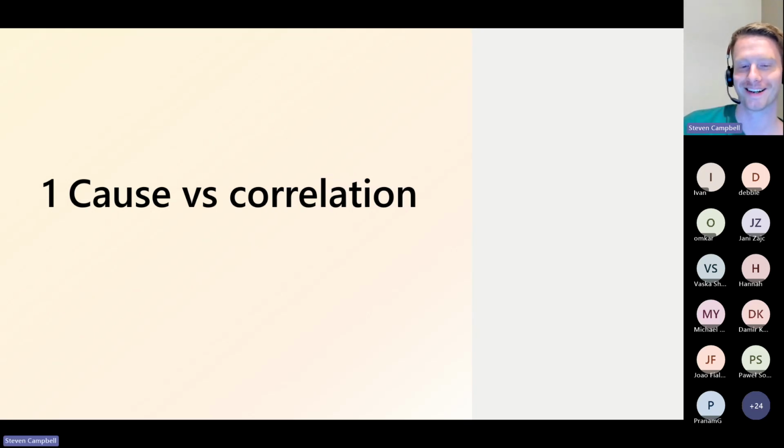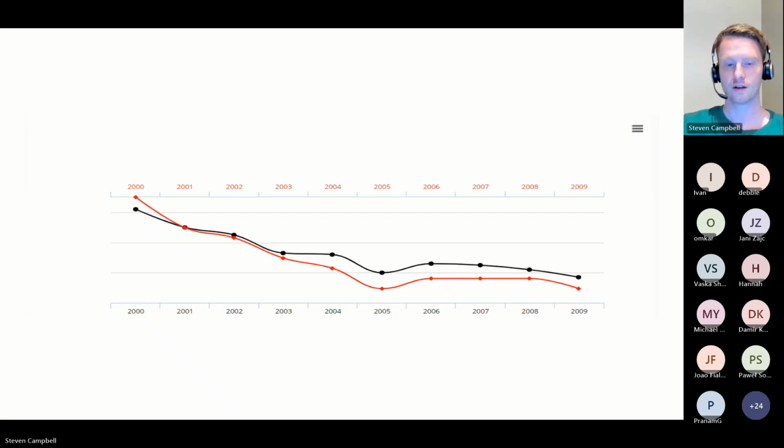So the first one is cause versus correlation. Hopefully you've heard of this before. A lot of people have, but I still see this being ignored and not applied in reporting, especially in tools like Power BI when we do trend analysis. If I was to show you this graph, this is two different data points, right? We have the black line and the red line.